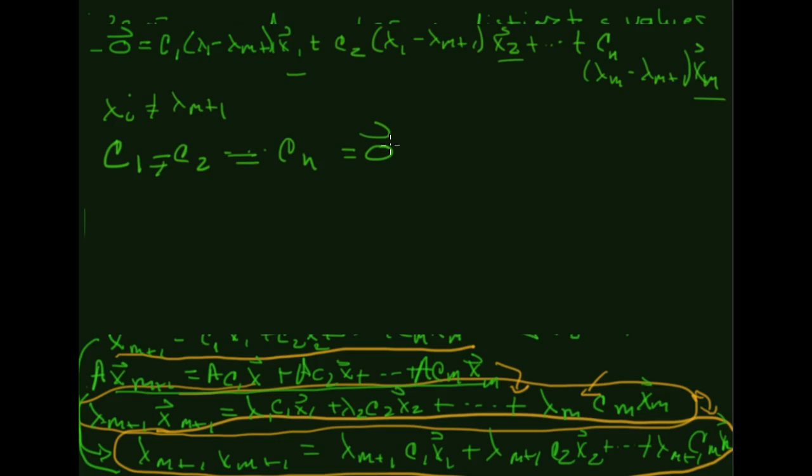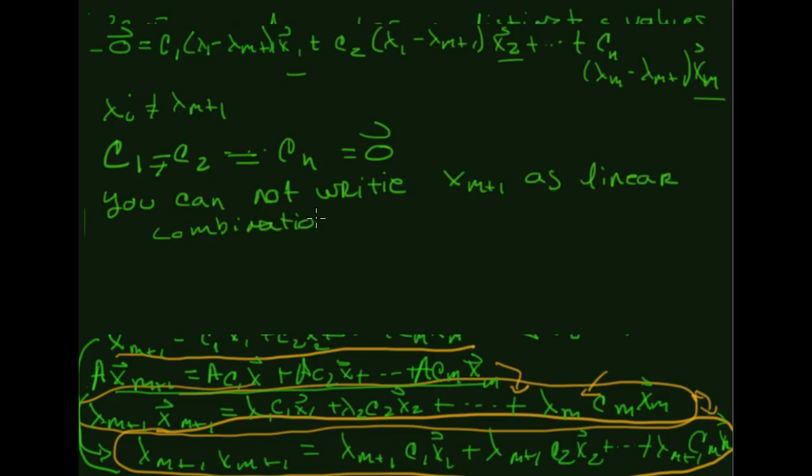So this means you cannot write xm plus 1 as a linear combination of x1 out to xm.